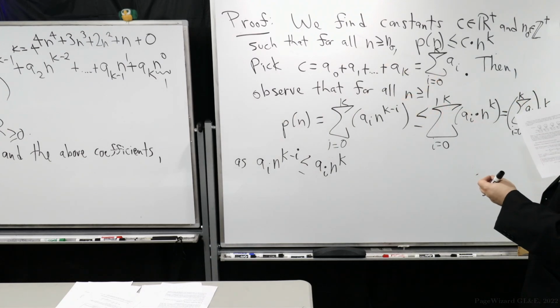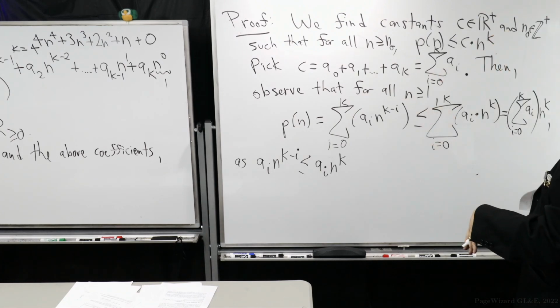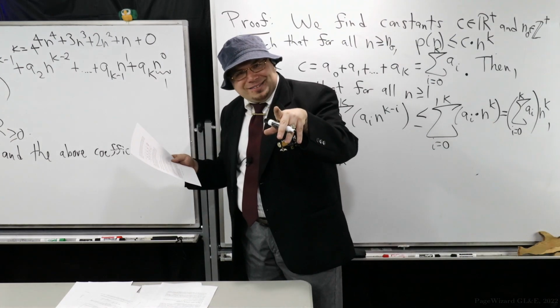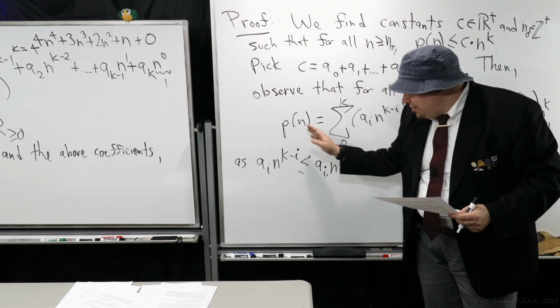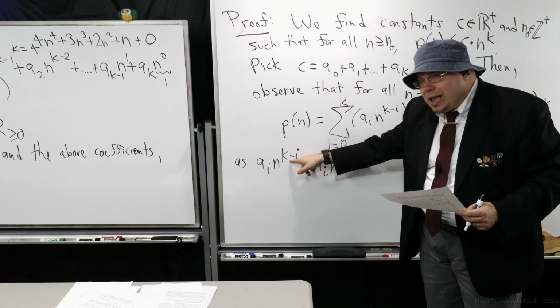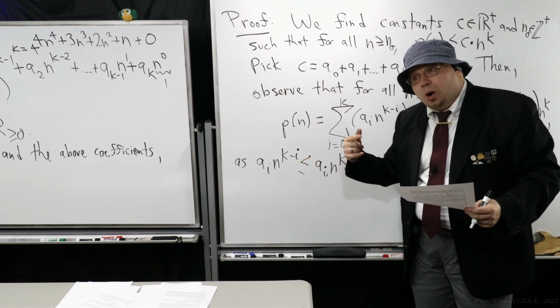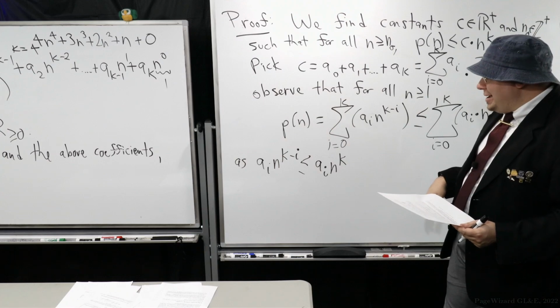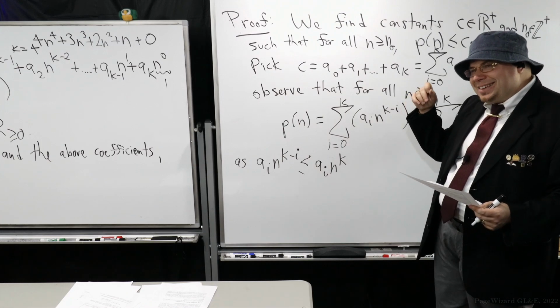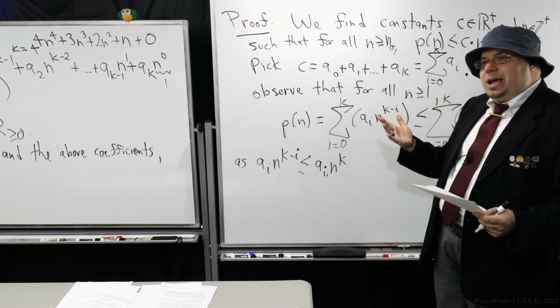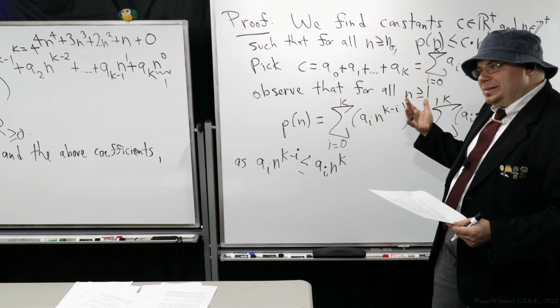Well, look at this. If I divide both sides by n to the power of k minus i, then n to the power of k minus i divided by n to the power of k minus i is 1. So n to the power of k over n to the power of k minus i ends up being whatever is left after you subtract off k minus i.